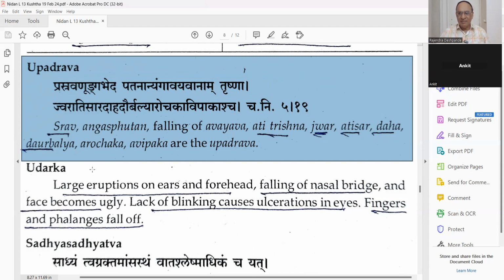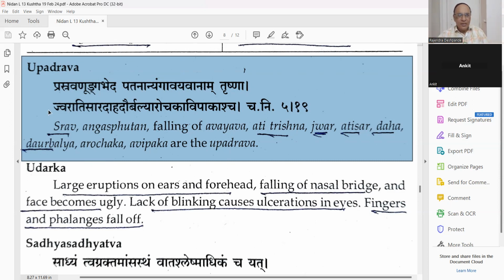Take the spelling. What is the difference? Upadrava, complication, exists at the time of the disease process, and Udarka is an after effect. After effect, disabilities, problems remaining after completing the treatment of the disease. What are the remaining problems there? That is Udarka. Complication at the same time is Upadrava.